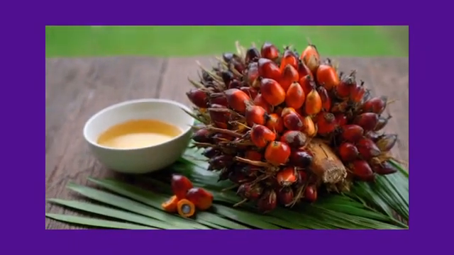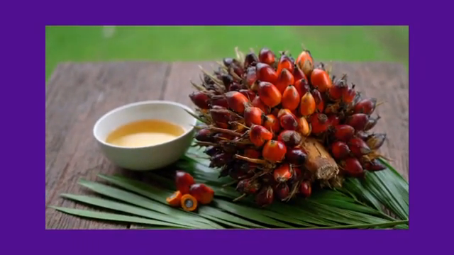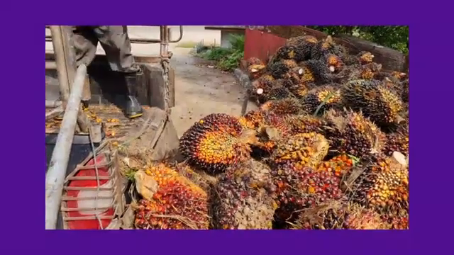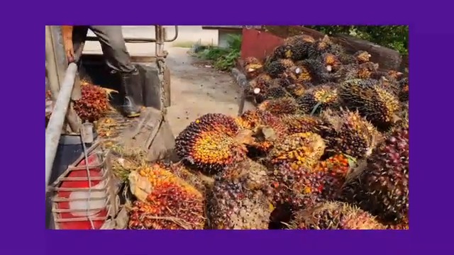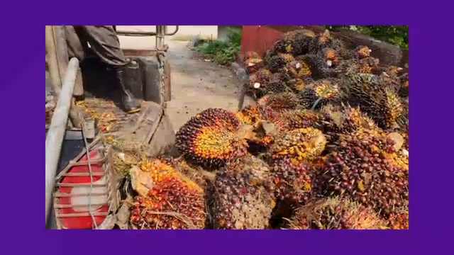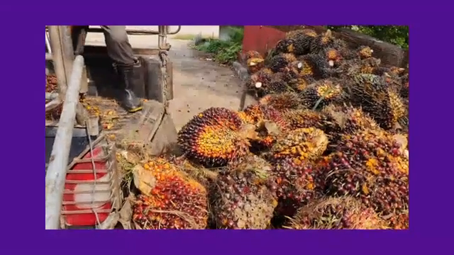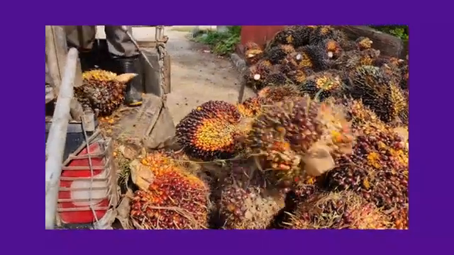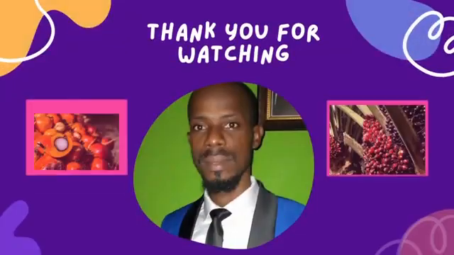Oil palm can be harvested manually with a harvesting knife, and it is processed into palm oil. They also use the kernel to get vegetable oil, that is palm kernel oil. The first stage of oil palm processing is the separation of the fruits from the bunch.